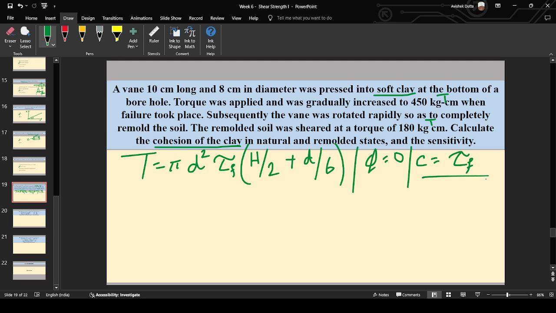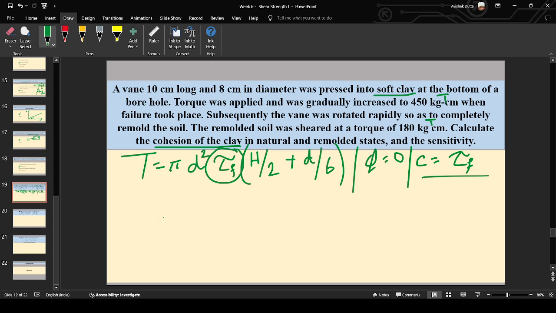Okay. So what is the difference over here? We can rearrange this equation and find out tau f, which is equal to the cohesion. The difference is the value of torque is different, so we will use two different equations. The first one with T equal to 450 kg centimeter.